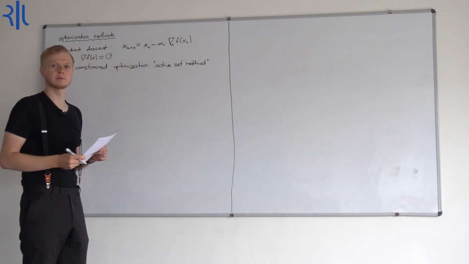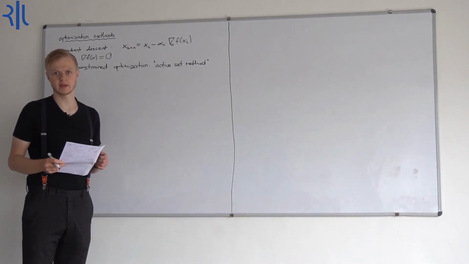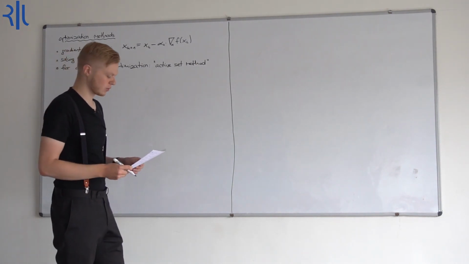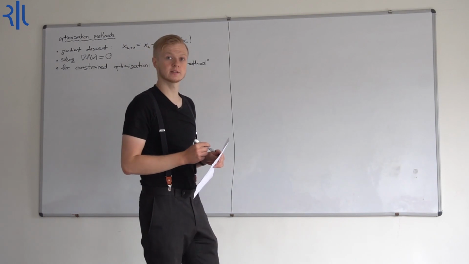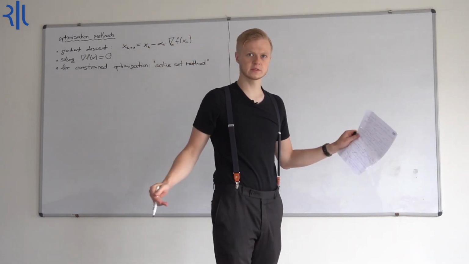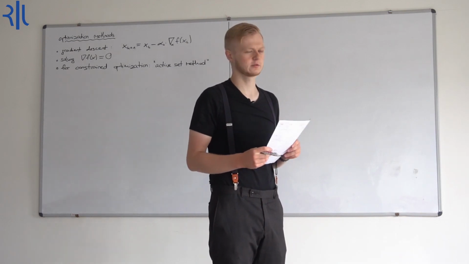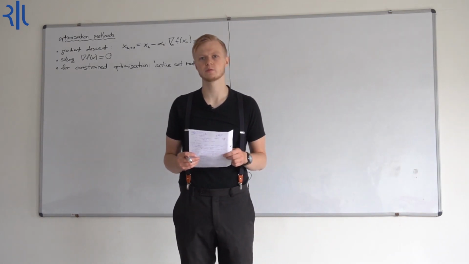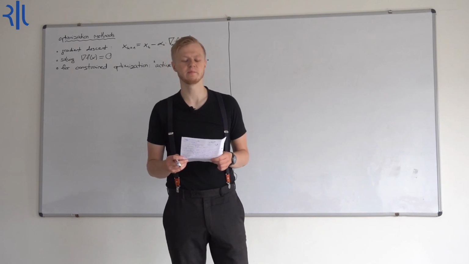So for constrained optimization, we can use the active set method, where we basically ask ourselves the question, which inequalities, which of the walls are binding for us, which of those walls hold us back from the optimum.